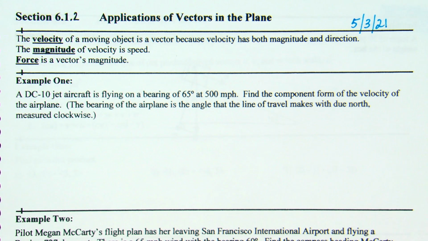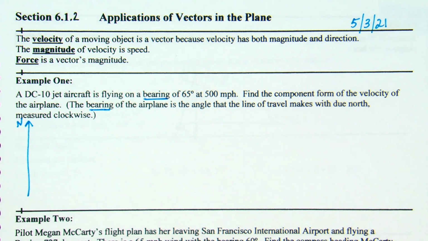Okay? So, I, of course, am going to start with a picture. Okay, so there is my arrow to represent north. The jet aircraft is flying on a bearing of 65 degrees. And notice what it says about a bearing.